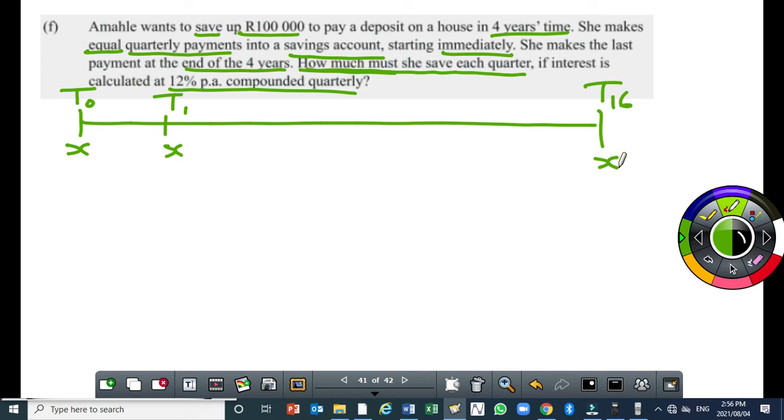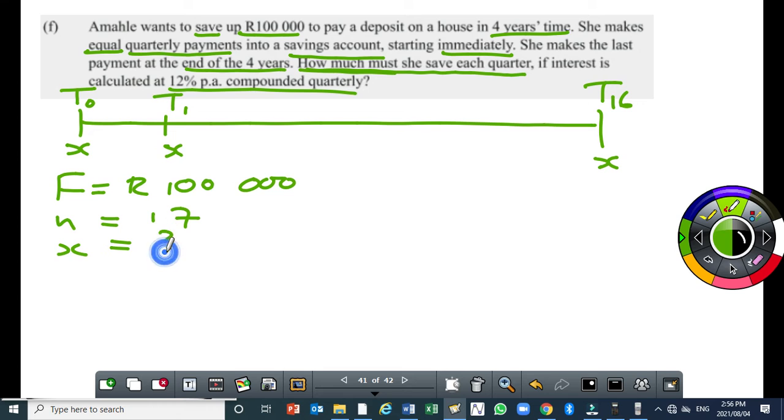N is going to be 17. So F is 100,000. N is 17. X we don't know. I is going to be 0.12 over 4. Are you following that?